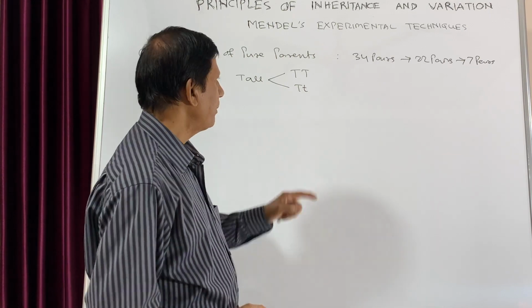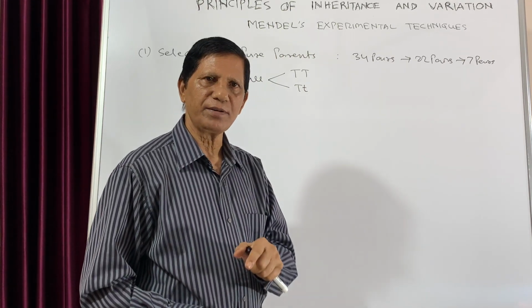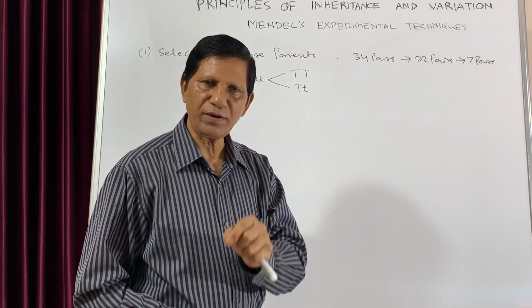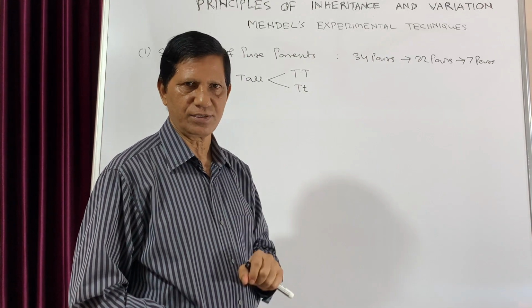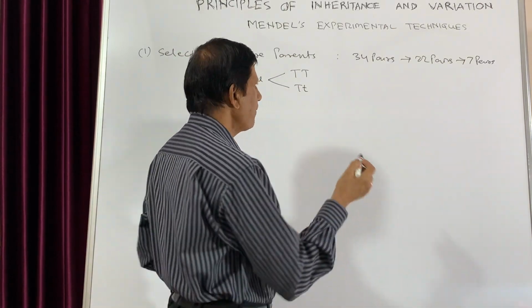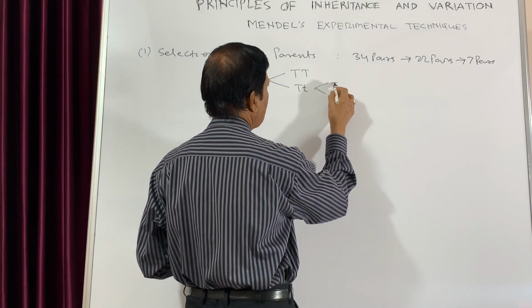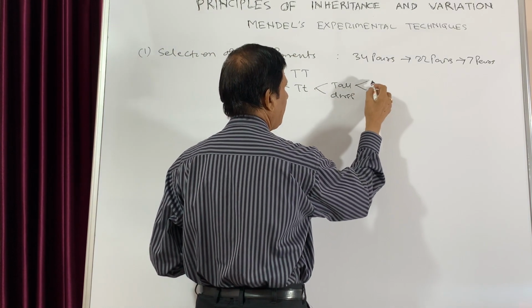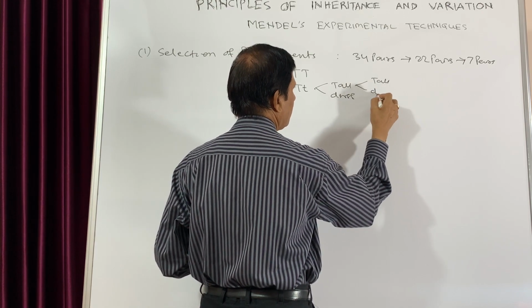That is why before conducting any experiment, the plant is to be bred for several generations, for 4 to 5 generations. When this is bred for the next generation, it may again give rise to tall and dwarf plants. Then again it may give rise to tall and dwarf plants.